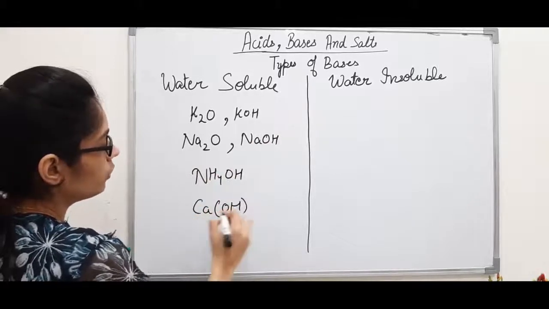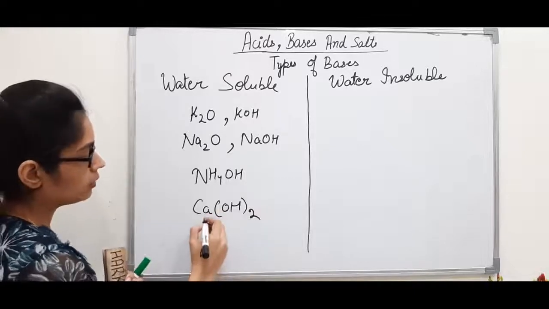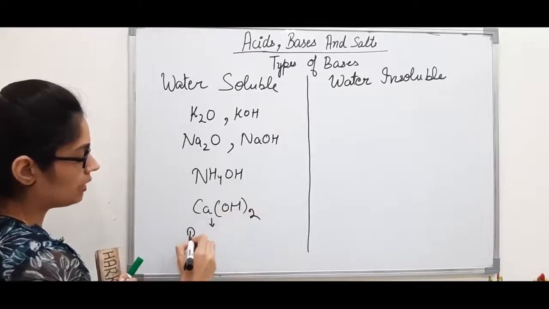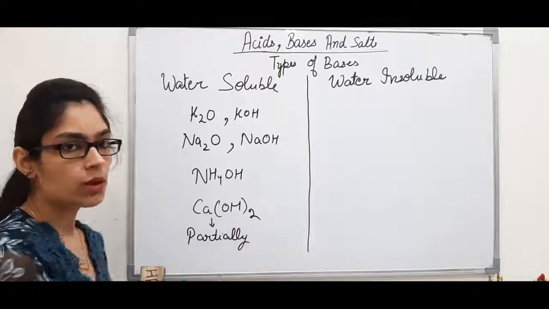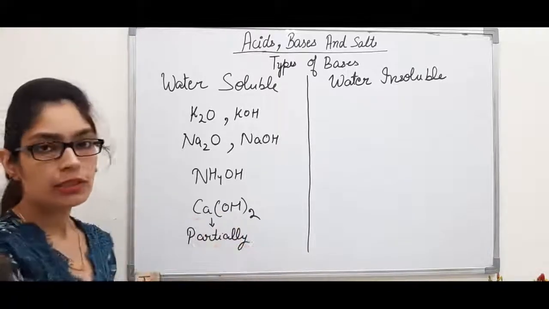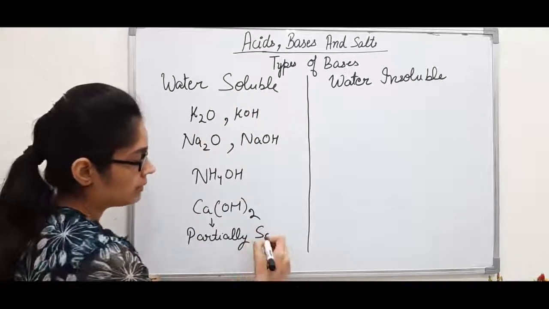These are the few water soluble bases. This calcium hydroxide is partially soluble. Partially means sometimes it will dissolve and sometimes it won't. So we consider it as partially soluble, but it still comes under water soluble bases.